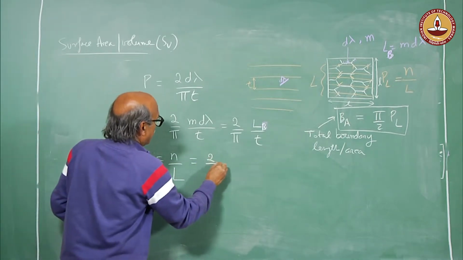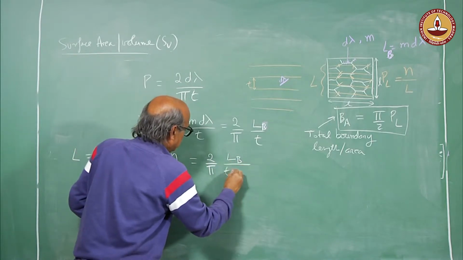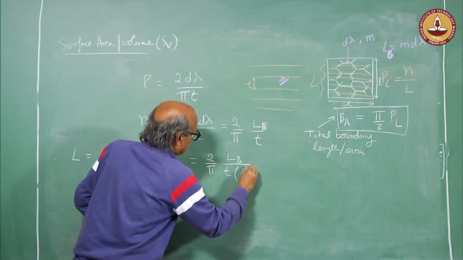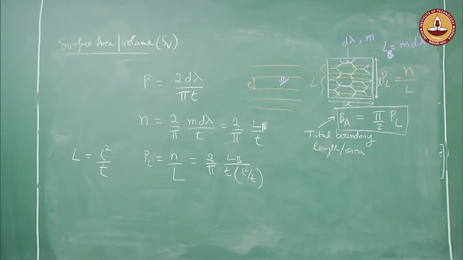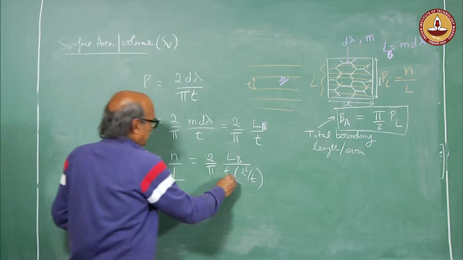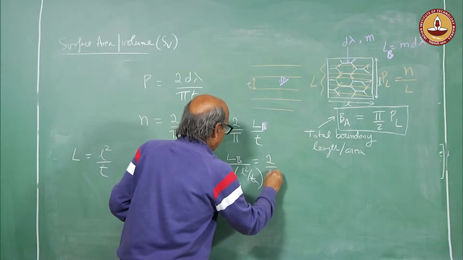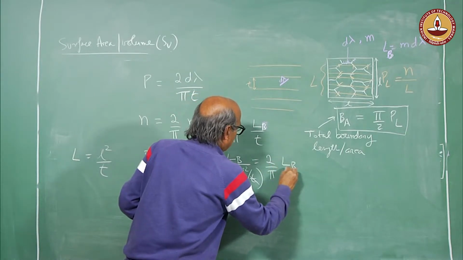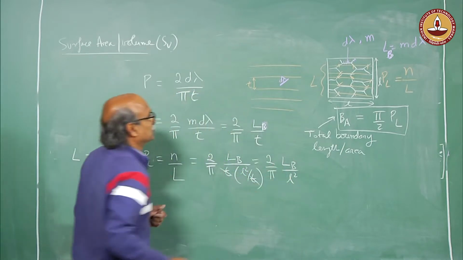So, 2 by pi L b times t, and I divide by L square upon t. Now, this t and this t will cancel, and this will become 2 by pi L b upon L square.